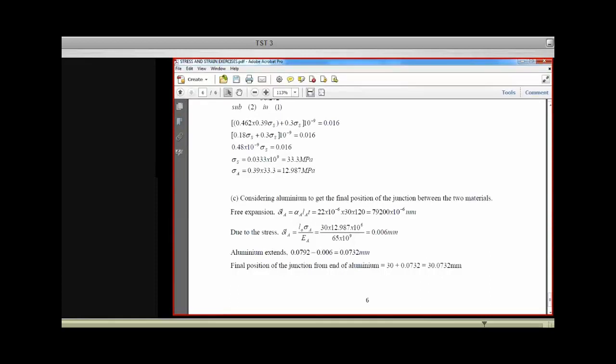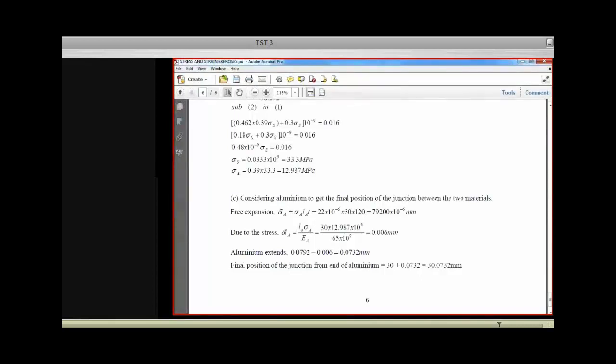So the aluminum extends by the extension based on the temperature changes minus the extension change due to stress. So the aluminum extends by this value.